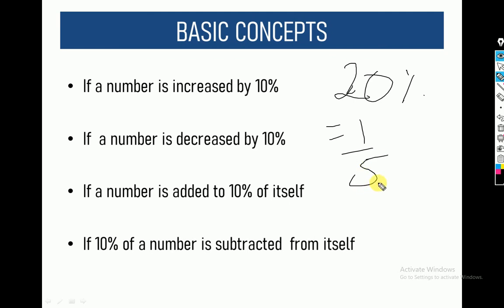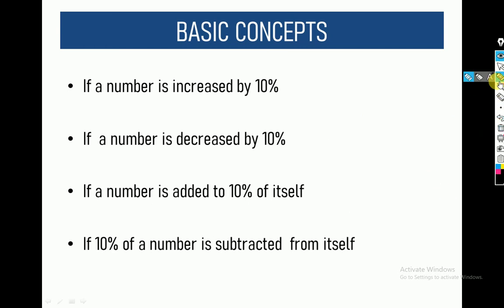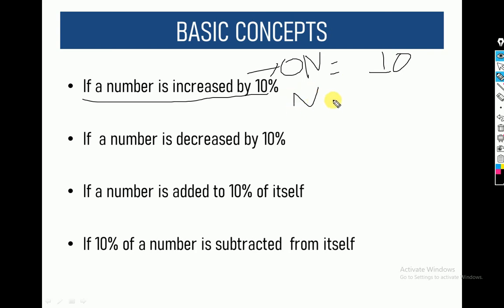So if we know that 20% of 5 is 1, so if 5 is increased by 1, we get 6. So the original number is 5 and the new number is 6, and by what is it increased? It is increased by 1. So this is the basic and underlying concept over here. Okay, so if a number is increased by 10%, the original number is 10 and the new number is 11.